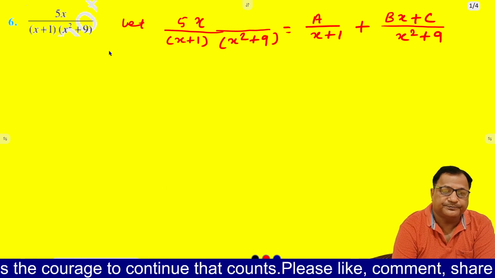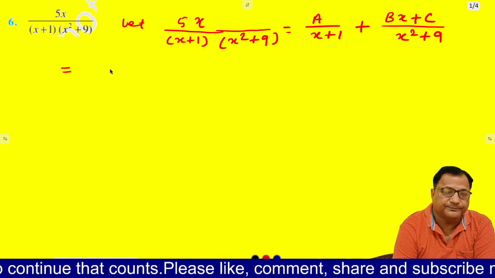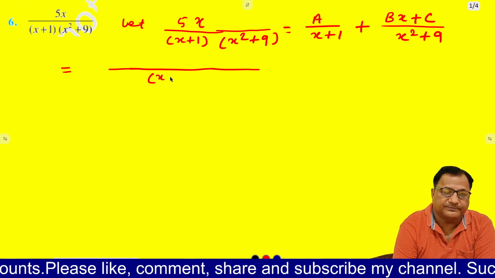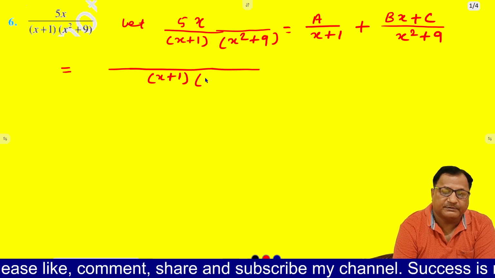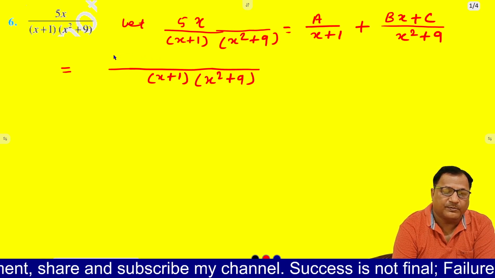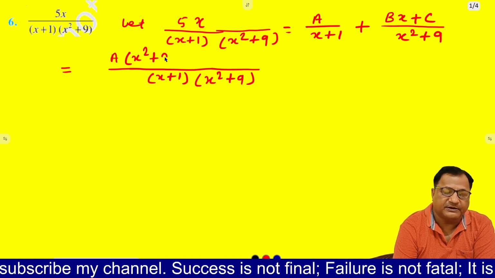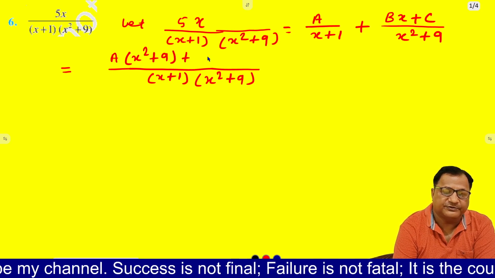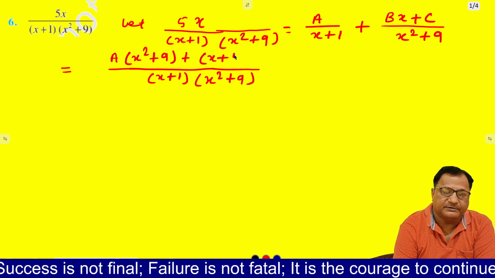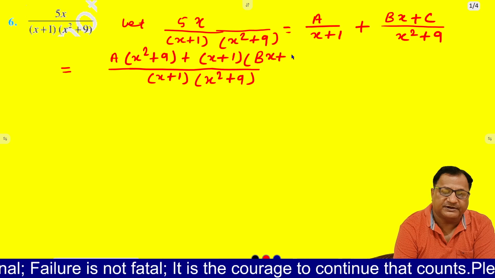Now we'll take the LCM, (x plus 1)(x square plus 9). Here it will be A into (x square plus 9) plus (x plus 1) into (Bx plus C).